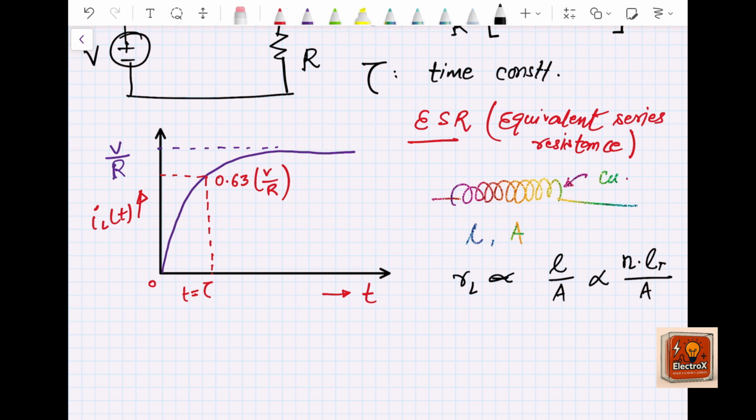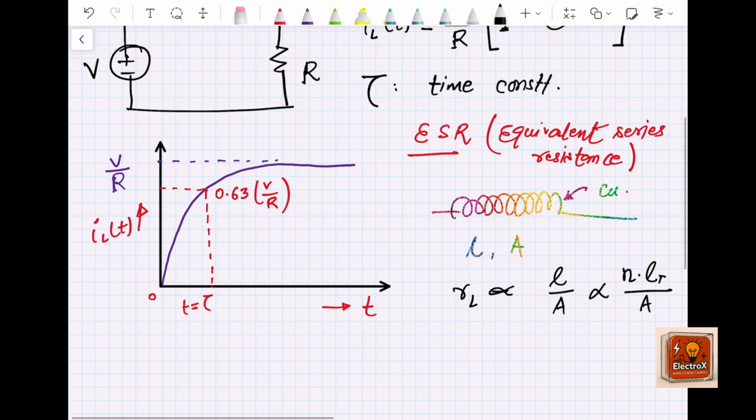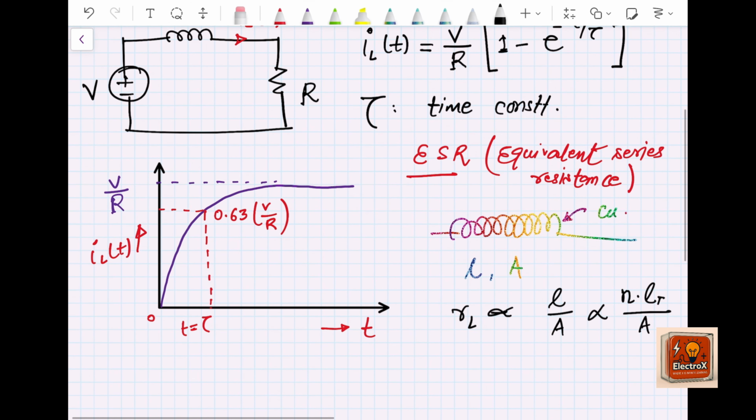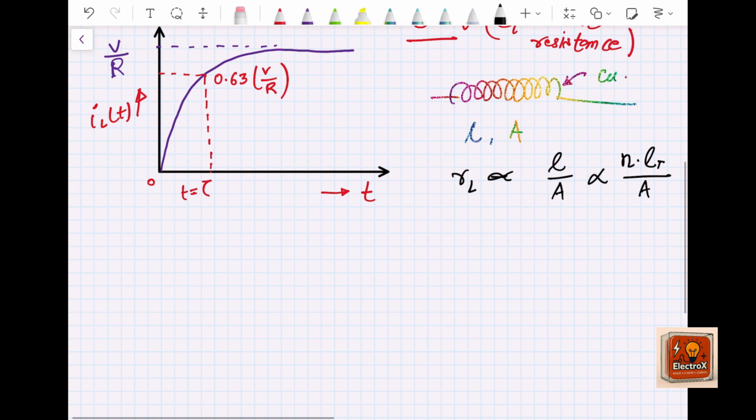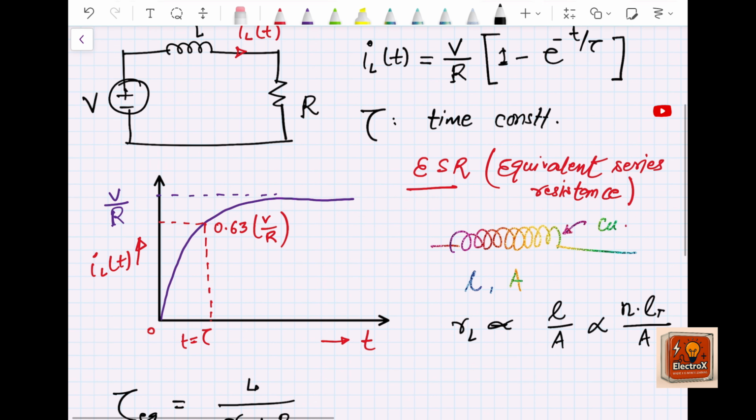So that comes from the material. Therefore, the equivalent time constant is equal to the inductance value divided by the equivalent resistance, which is R_L, the ESR or parasitic resistance of the inductor, plus the load resistance, or we can say this series resistance connected here.